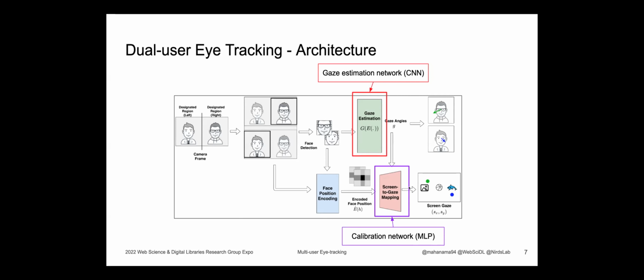The screen to gaze mapping can vary depending on the experiment setup, because you can be far away from the screen or really close to it. So we adjusted the parameters of the screen to gaze mapping model at runtime, that is, during the experimental setup. This quite resembles the calibration setup of a typical eye tracker.